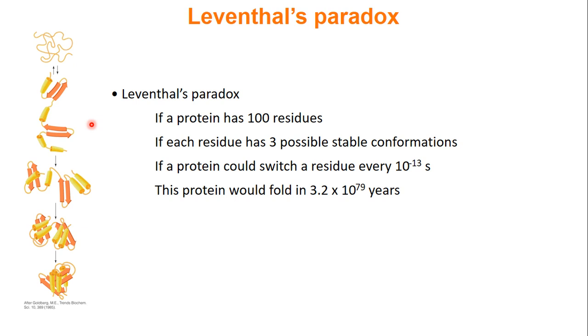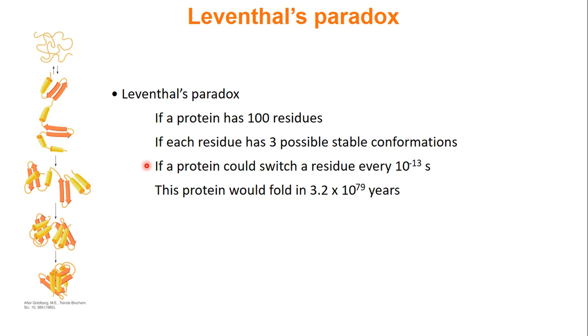And Levinthal's paradox goes like this. Imagine you have a protein that is 100 residues, and each residue of that protein has 3 possible stable conformations. That means the protein has 3 to the power of 100 different combinations it can adopt, and we're going to say only one of those is the correct conformation.